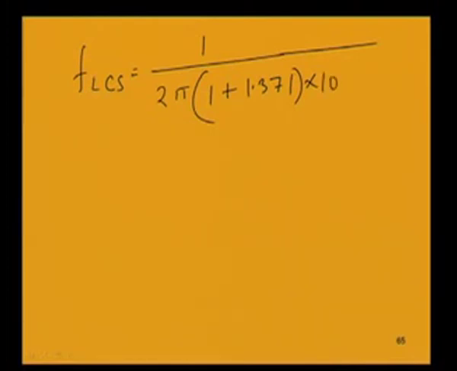So into 10 to the power 3, into 10 to the power minus 6 into 10, that is 10 microfarad is the capacitance Cs. So if we do this calculation, we will get the value of FLCS to be 6.71 Hertz. So this capacitance Cs is offering a lower cutoff frequency of 6.71 Hertz.